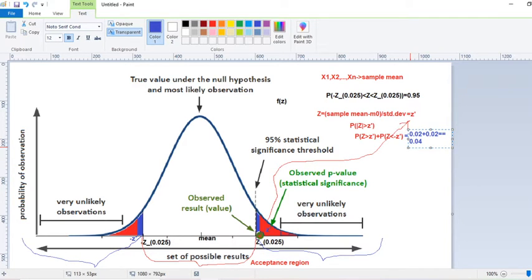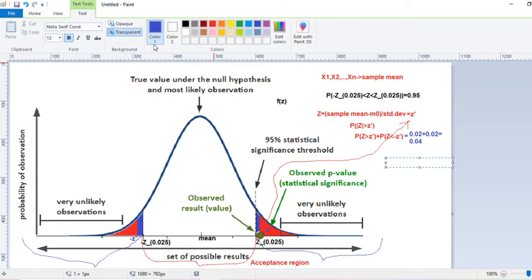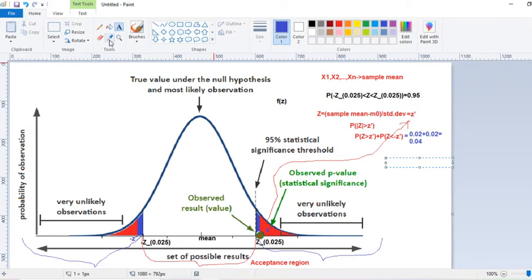This is exactly equal to 0.05. Right? So now we compute the area of the blue region. Okay. What is the area of the blue region?